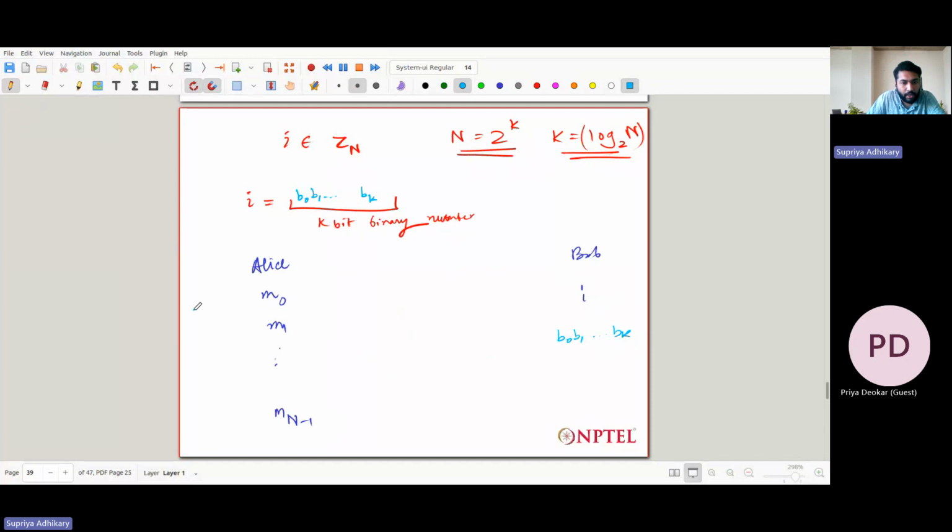Alice would first generate t many pairs of keys, let's call it t instead of k.